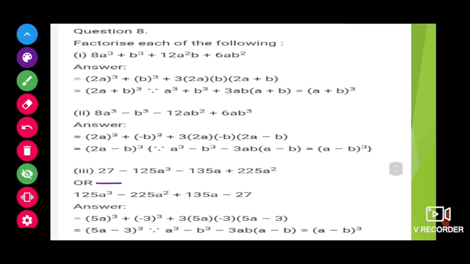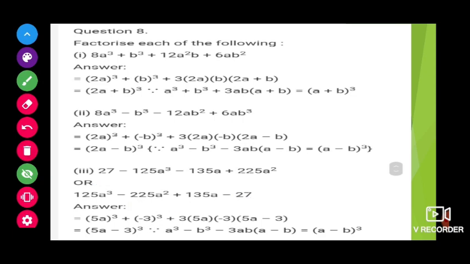Next, 27 minus 125a cube minus 135a plus 225a square. Now first arrange the given terms in the form of descending order of the degree. So first minus 125a cube, next 225a square, next minus 135a, minus 27... Taking the minus as common, I am writing each and every term in descending order of the degrees.